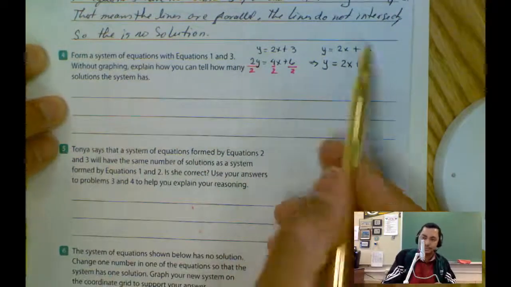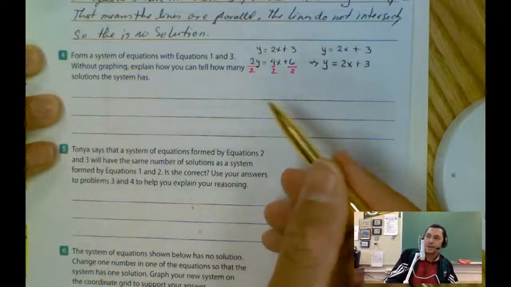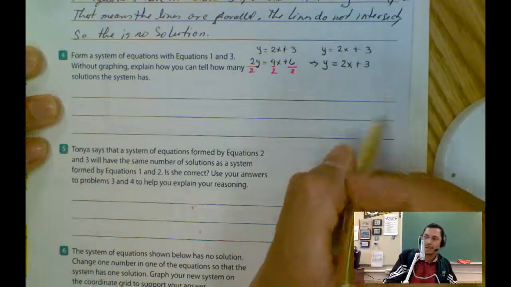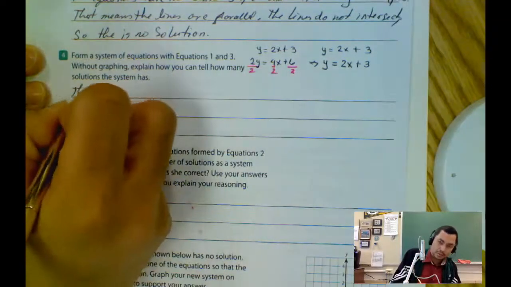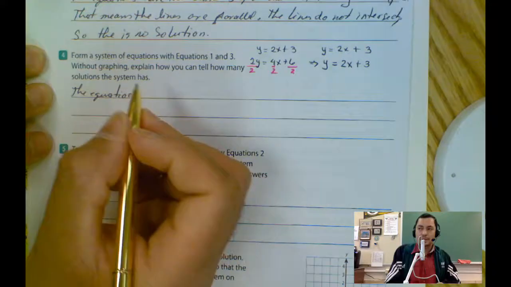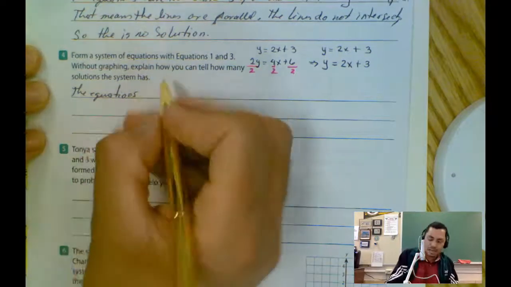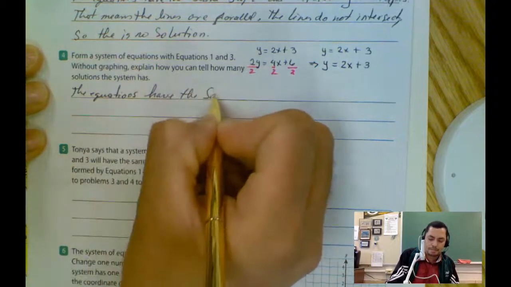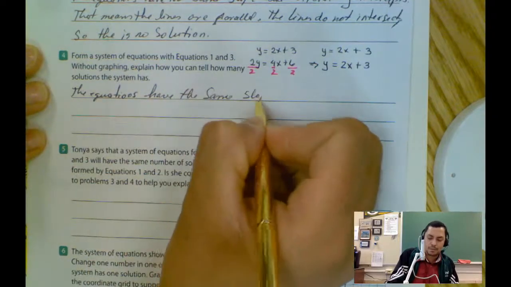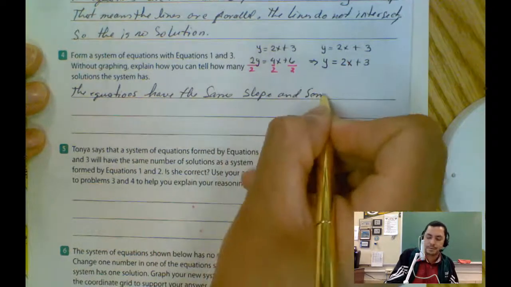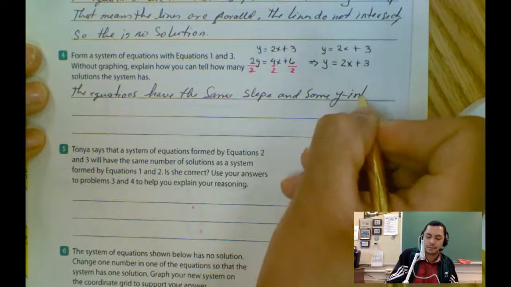After we divide both sides by 2, we compare. We can see that the slopes and y-intercepts are the same. So the equations have the same slope and same y-intercept.